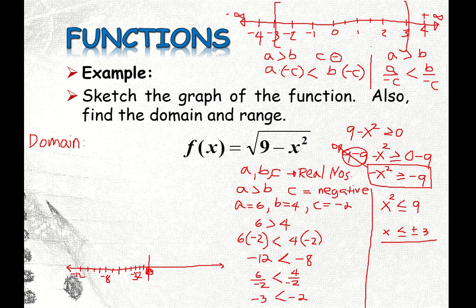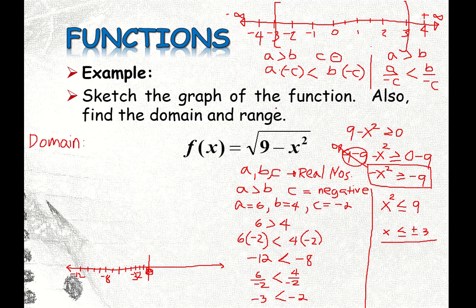So this number cannot be included, so it is excluded from the domain. How about 4? When x equals 4, we have 4 squared, 16. So 9 minus 16, that is still square root of minus 7. So we cannot include this. But if x equals minus 3, 9 minus 3 squared, 3 squared is 9. So 9 minus 9 is 0. So square root of 0 is 0. So therefore, we can include the value 3.